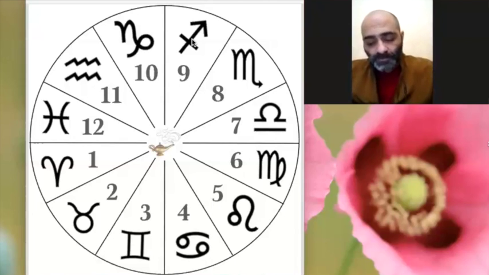To me, this is the house of dreams, the house of mysticism. It can go both positive or negative. Just like you said, it can be very mystical and spiritual in terms of the ashram, the connection with the one, the divine consciousness, the losing of the self, contrasting it with the first house. If the first is the house of the self, the 12th is the house of the losing of the self.